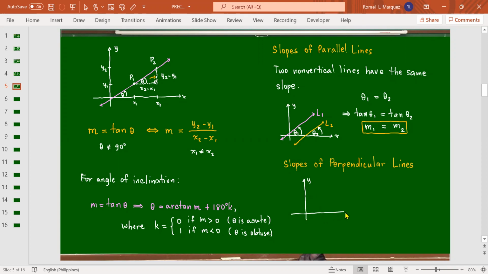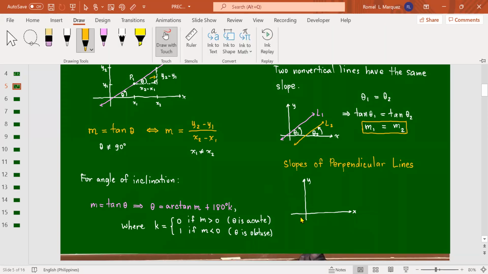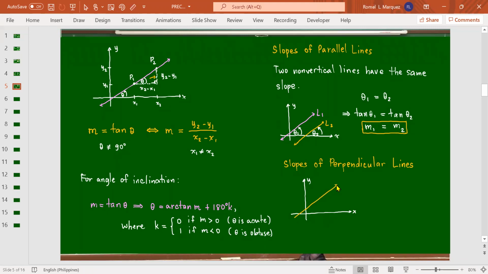If two lines are perpendicular, like in this case, let's call this line 2 and my line 1 is the pink one.